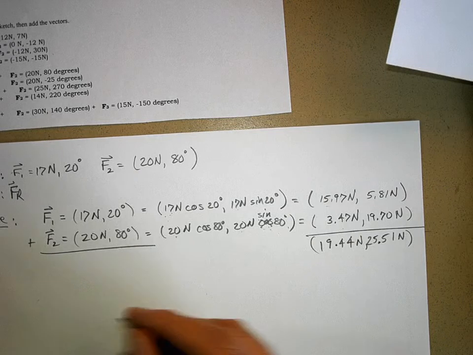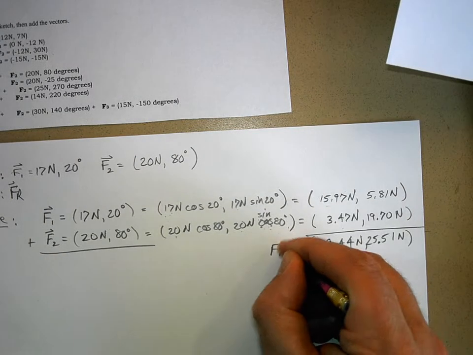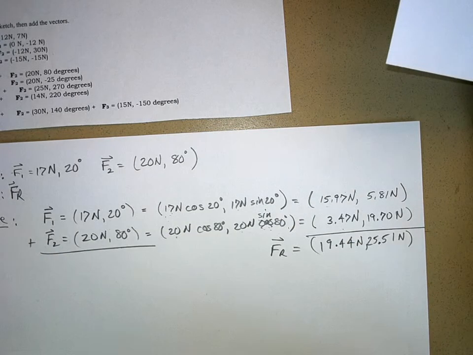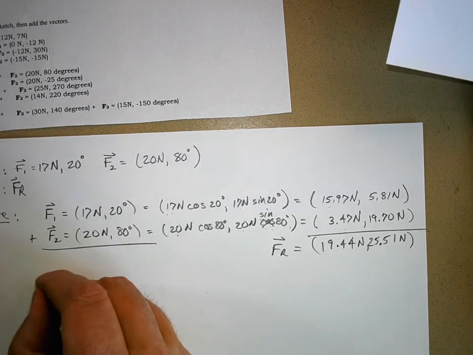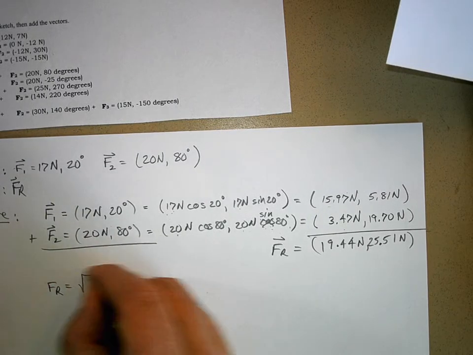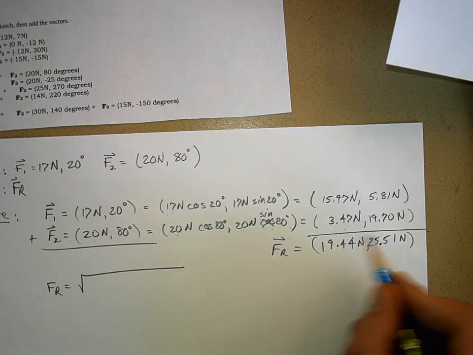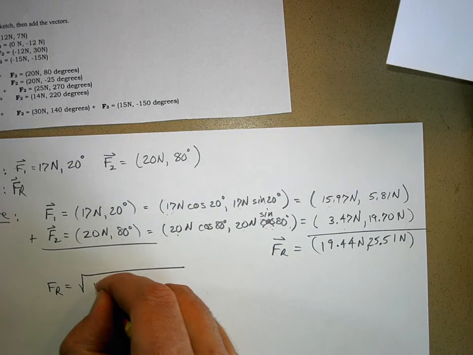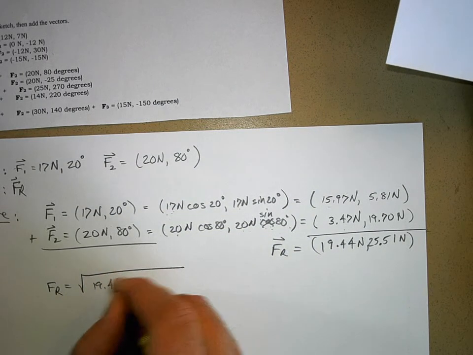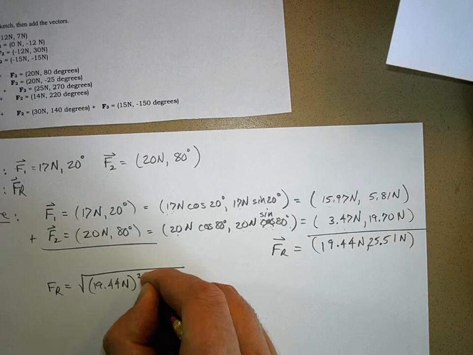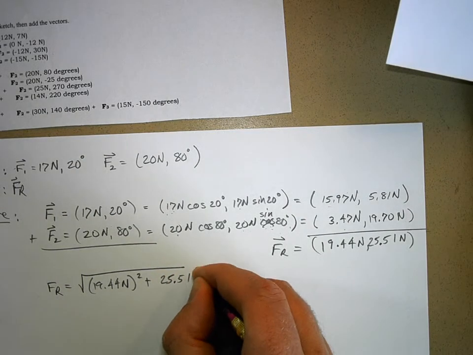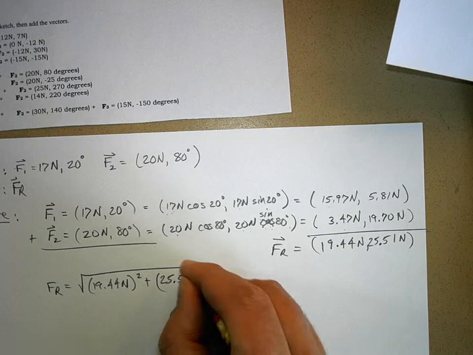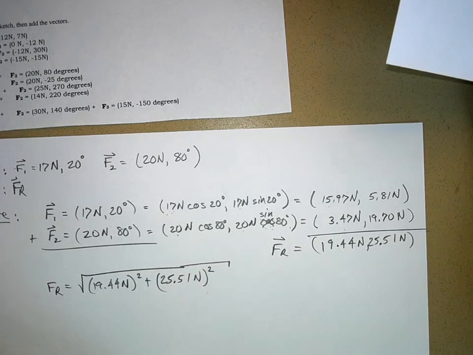And that's my answer in rectangular coordinates, but of course we need to convert it. Use the Pythagorean theorem: 19.44 squared plus 25.51 newtons squared.